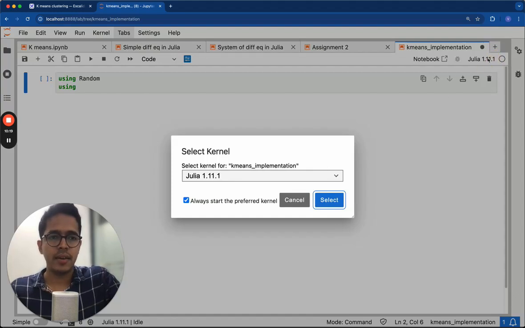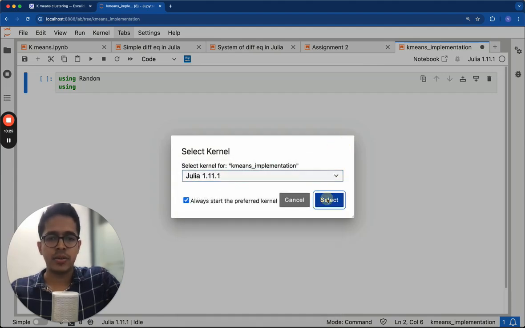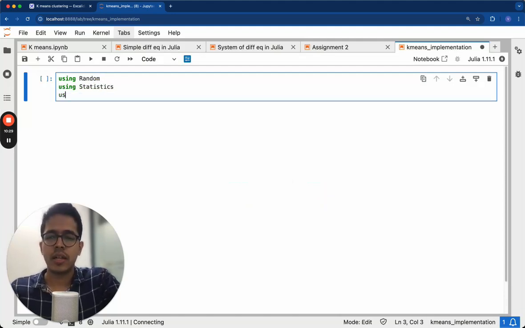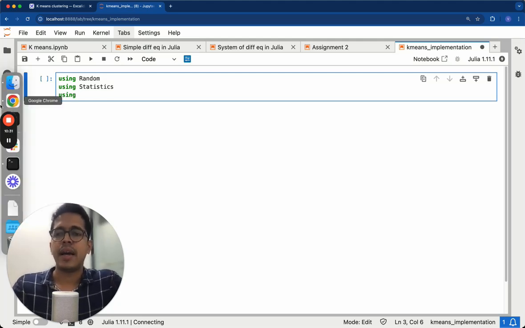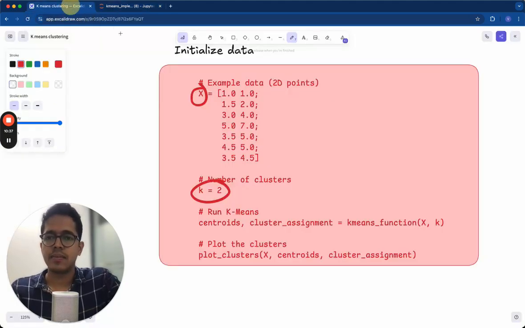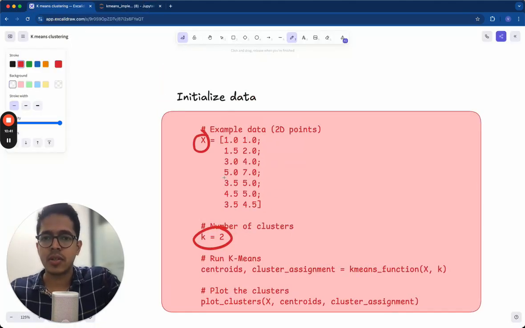If not, click here and then it will open. By default, it might be Python 3, but you should pick Julia. Then Statistics, and what else? And we had one more, which was, I think, Random. Yeah, no, not Random. Random is already imported.